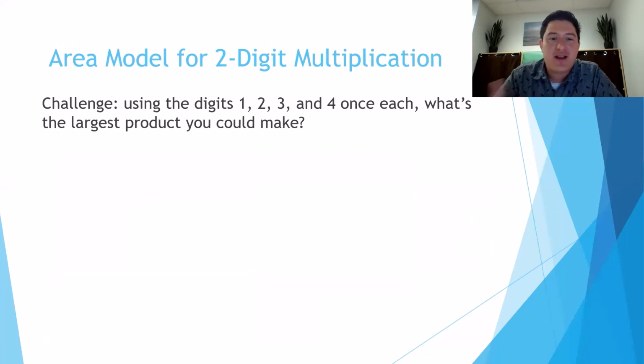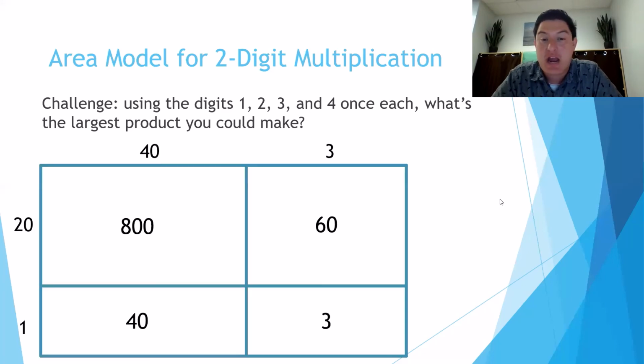Using the digits 1, 2, 3, and 4 only, and you can only use them once, what's the largest product that you can make? Again, using the digits 1, 2, 3, and 4 once only, what's the largest product you could make? So for example, I made 43, here's a 40 and 3, times 21.